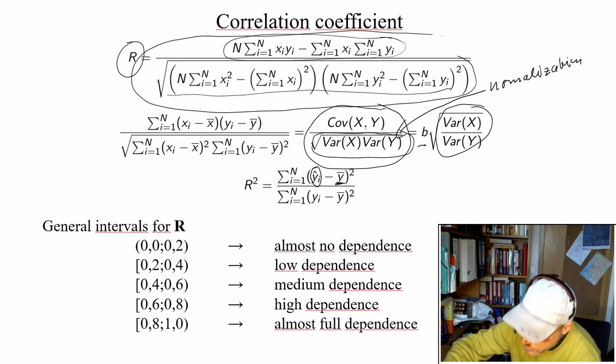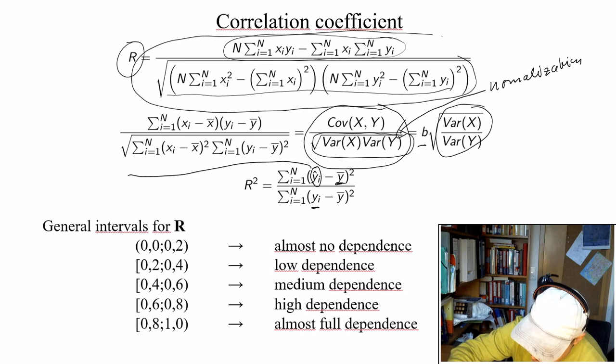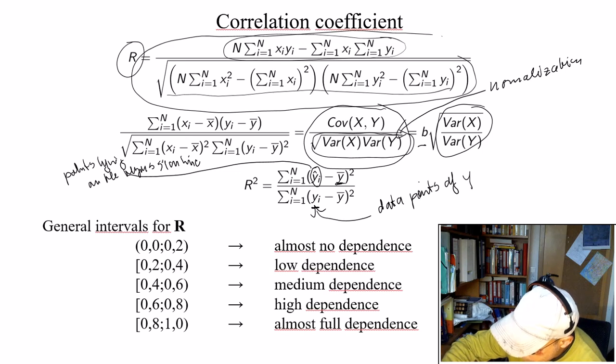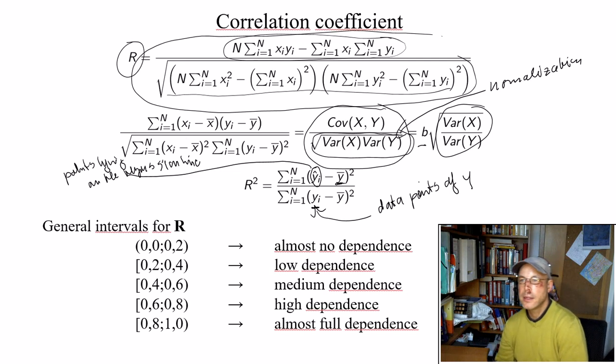And here we have the data points. So these are again points lying on the regression line, and these are again data points of y.